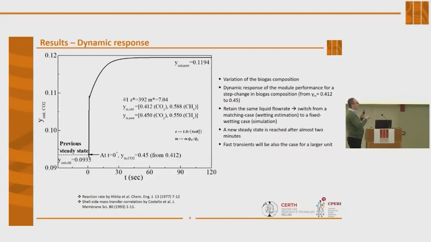And we see also that the response of the system is very fast. We have the new steady state reached after 2 minutes of operation. And this is something we've seen in the measuring equipment. When we alter anything, we see almost immediately in the analyzer that something has changed, after 2 minutes or so.